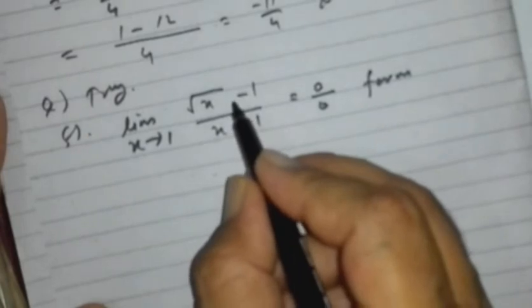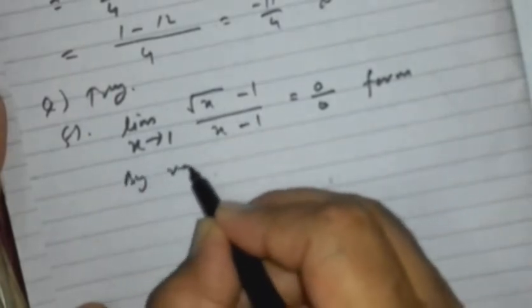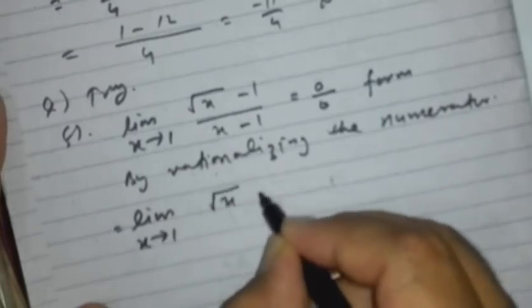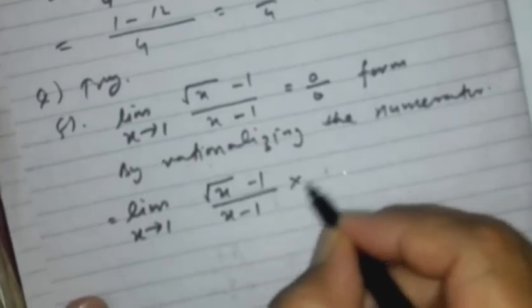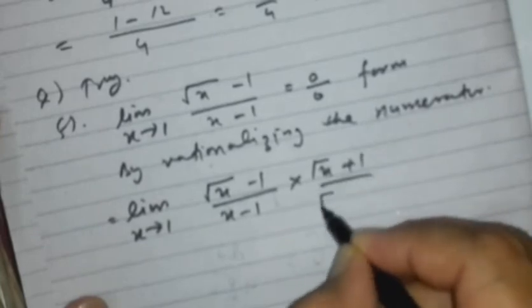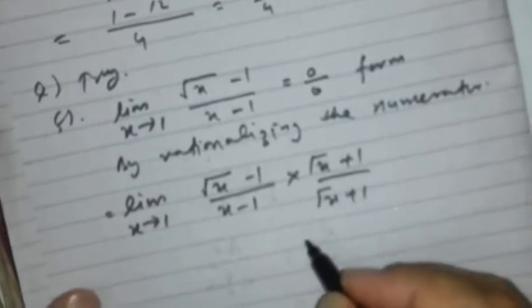So solution, by rationalizing the numerator: limit x tends to 1 of under root x minus 1 divided by x minus 1 into under the root x plus 1 divided by under the root x plus 1.